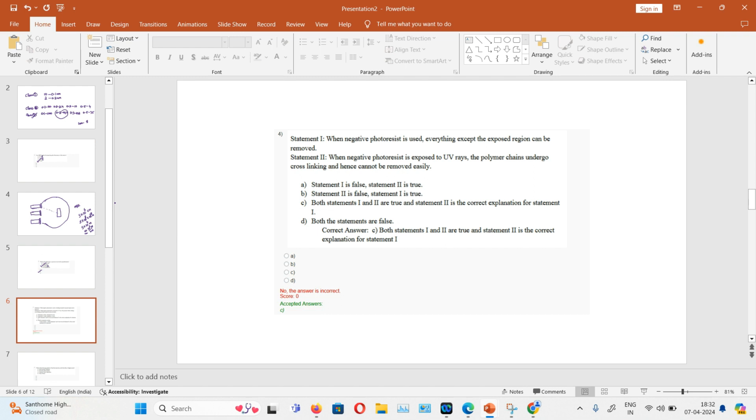Statement one: when negative photoresist is used, everything except the exposed region can be removed.